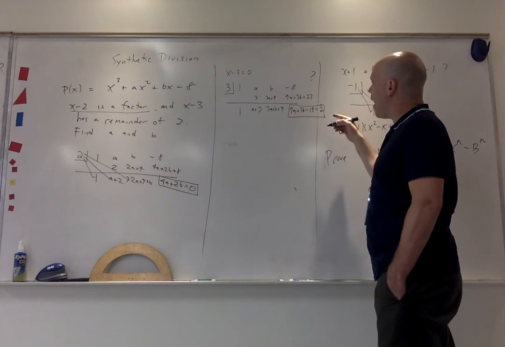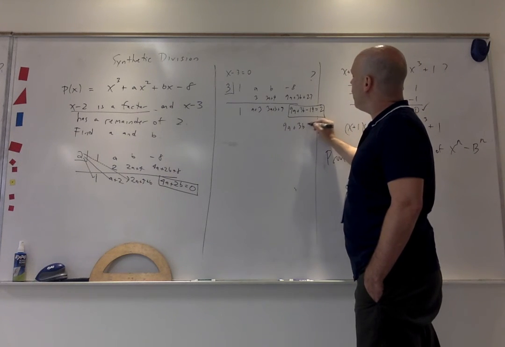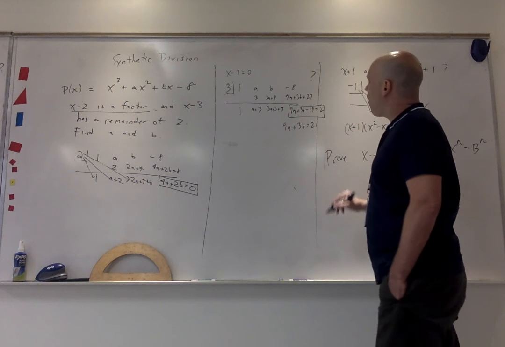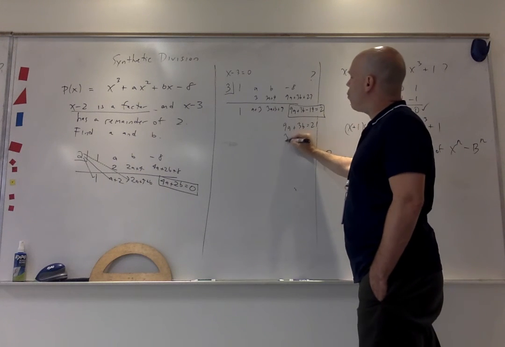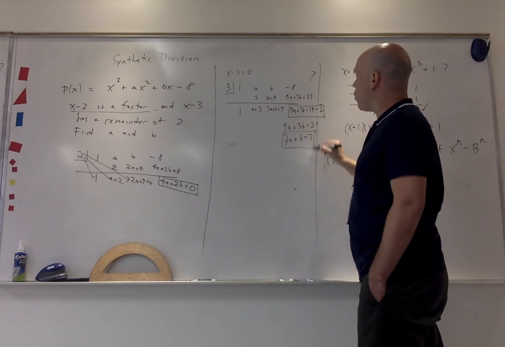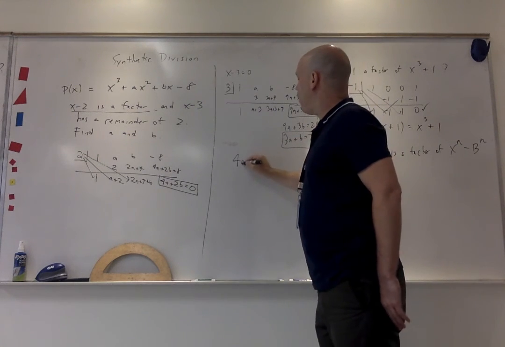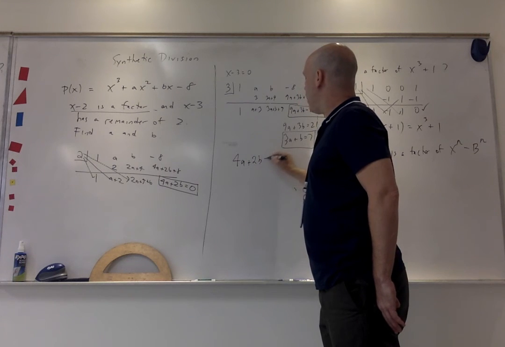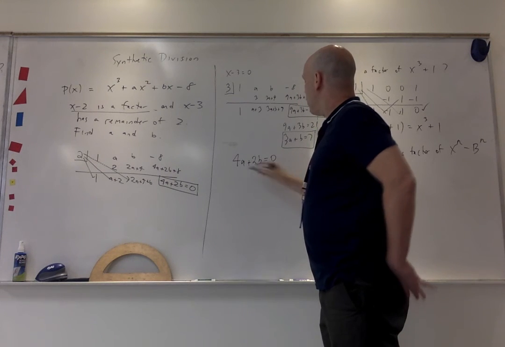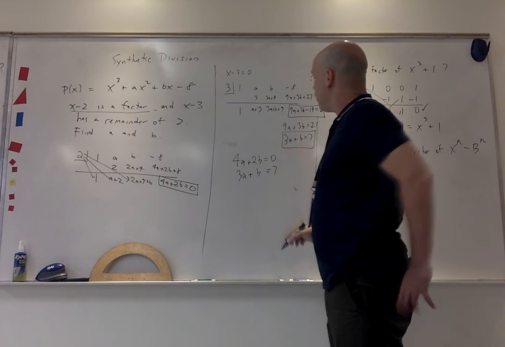Now this works out nice because we have 9a plus 3b equals 21. Divide everything by 3. 3a plus b equals 7. That's our better equation. Bring these together. Let's see, 4a plus 2b equals 0, 3a plus b equals 7.